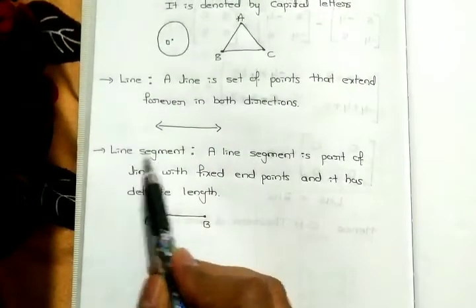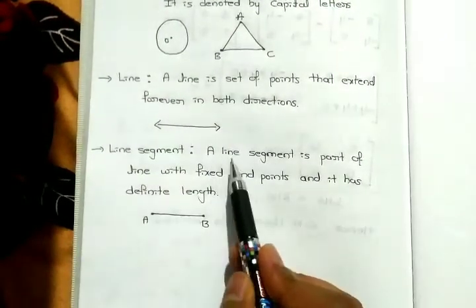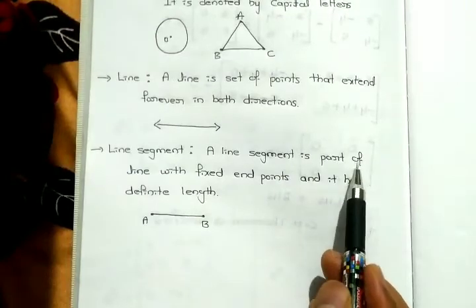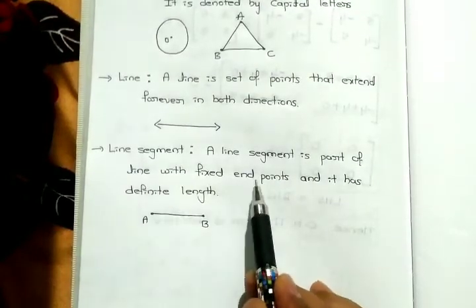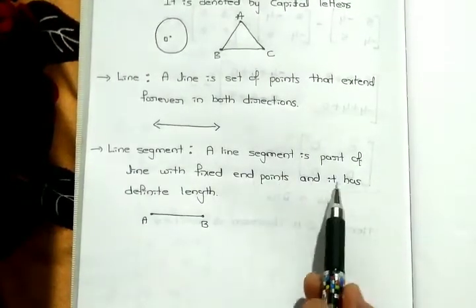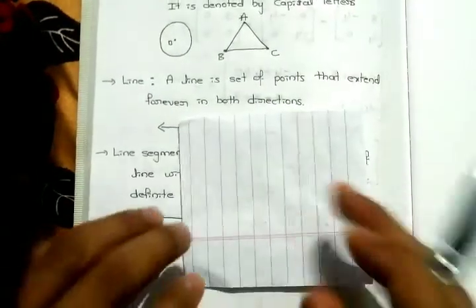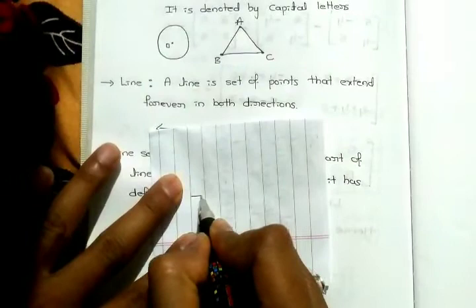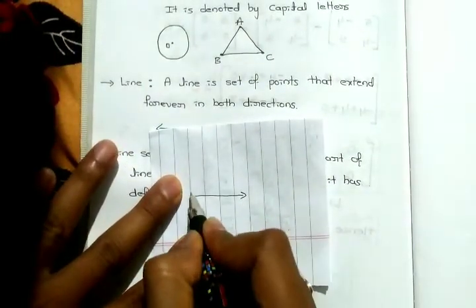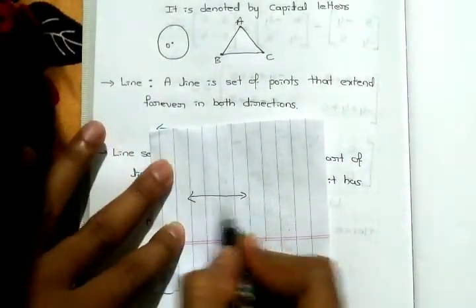Next, line segment. A line segment is part of a line with fixed end points, and it has definite length. If I consider the line, this is the line, because you can extend in both the directions.